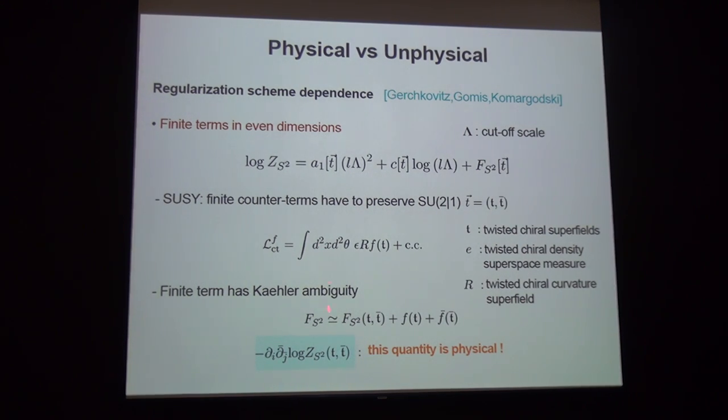Because of this fact, one can show that the second derivative, ∂ and ∂-bar, acting on the log of the sphere partition function can have a definite physical meaning, which is independent of the choice of the regularization scheme. And as I will show you in the afternoon talk, this computes the Zamolodchikov metric on the conformal manifold of 2D N=(2,2) superconformal field theories.